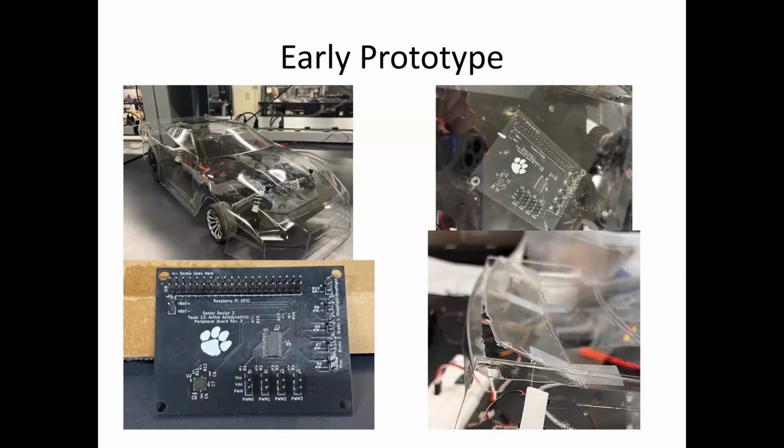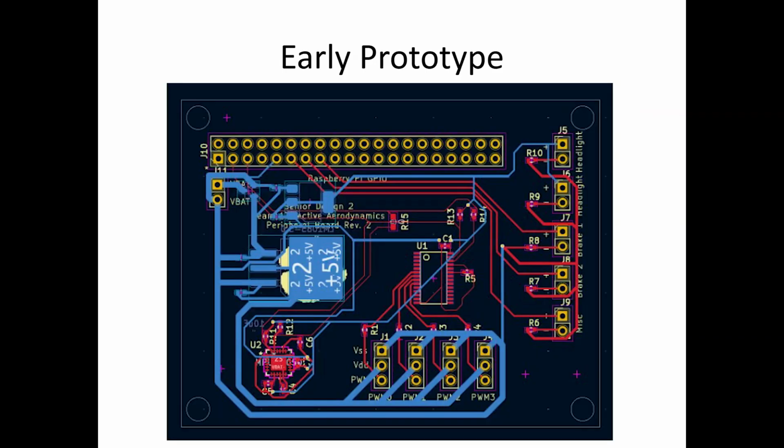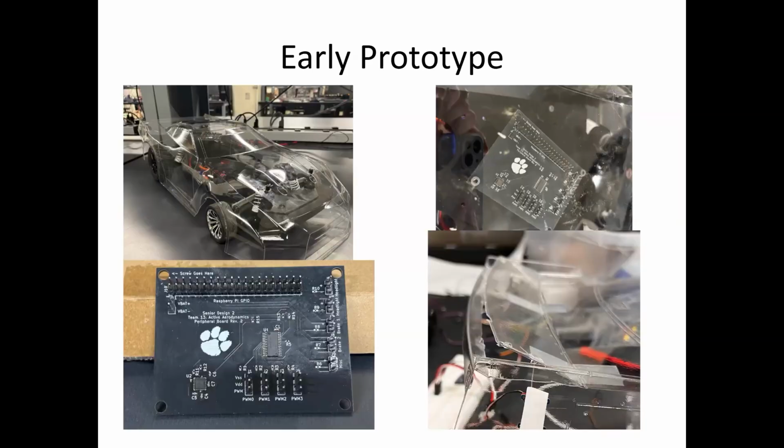For the early prototype, you can see we started with just a clear lexan shell, typical of any RC car body, and the main peripheral control board, which handles all of the physical inputs and outputs from sensors or out to the servos, which interfaces directly with the Raspberry Pi.